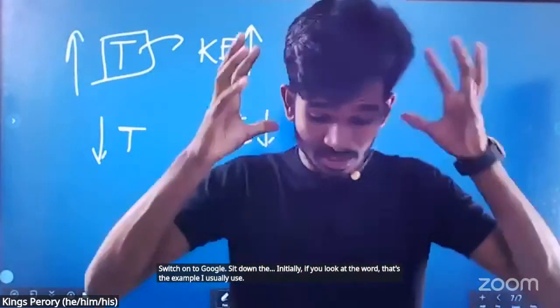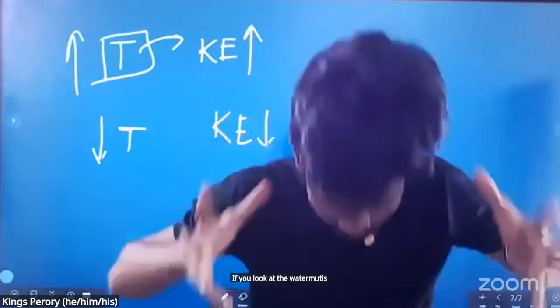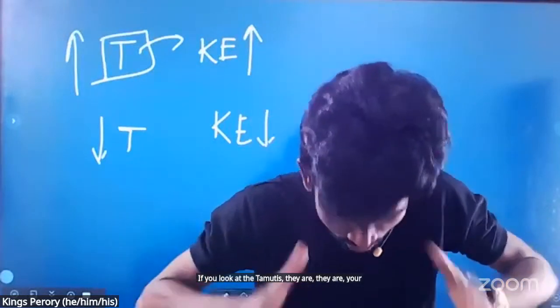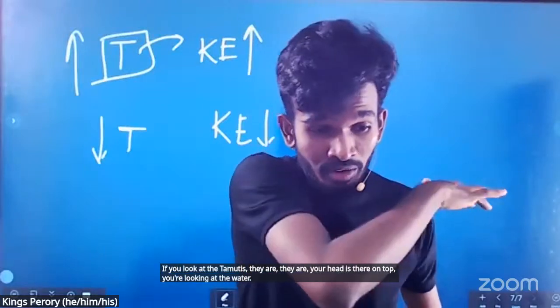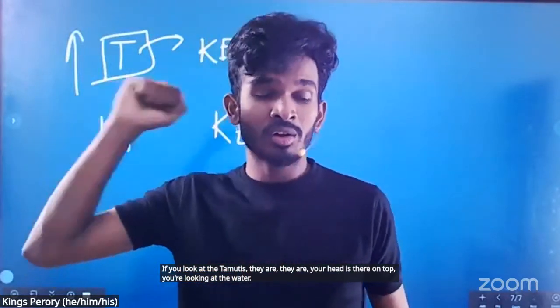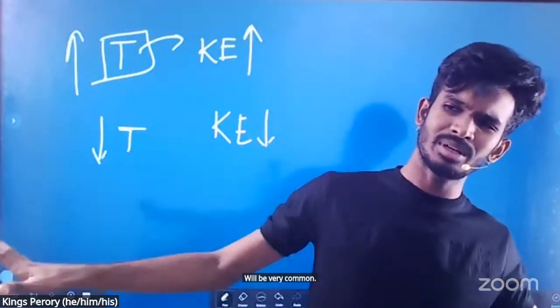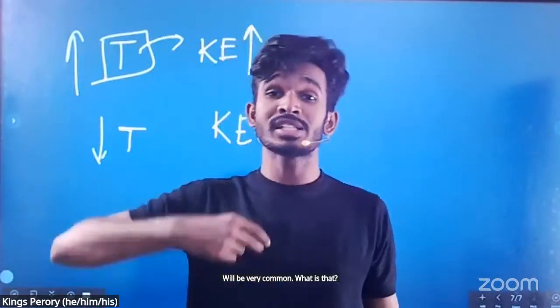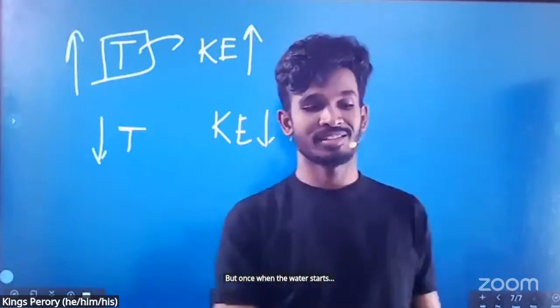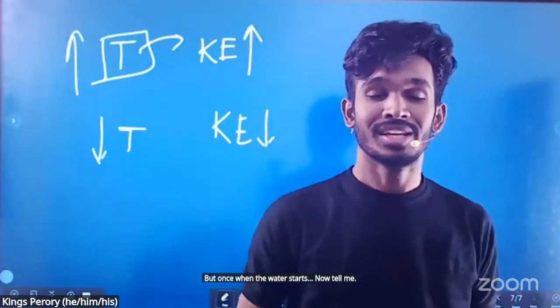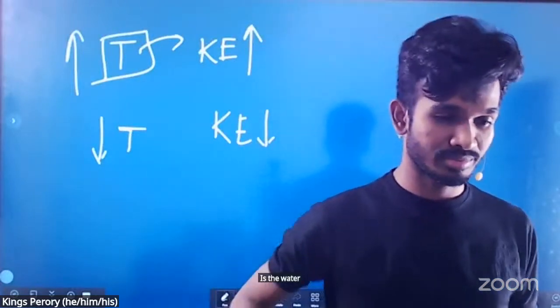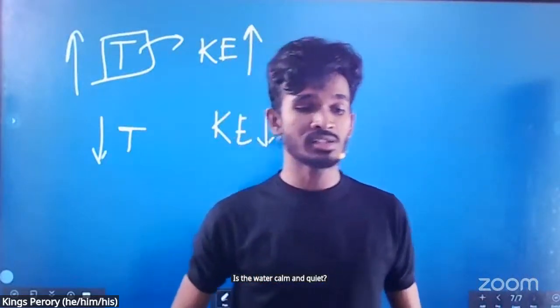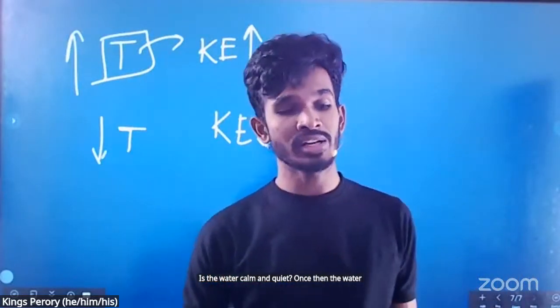Initially, if you look at the water, that's the example I usually use. The vessel is there, water is there, your head is there on top. You're looking at the water. Water will be very calm and quiet. But once the water starts boiling, is the water still calm and quiet?